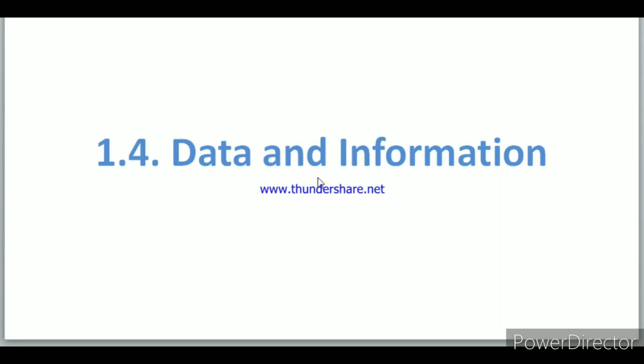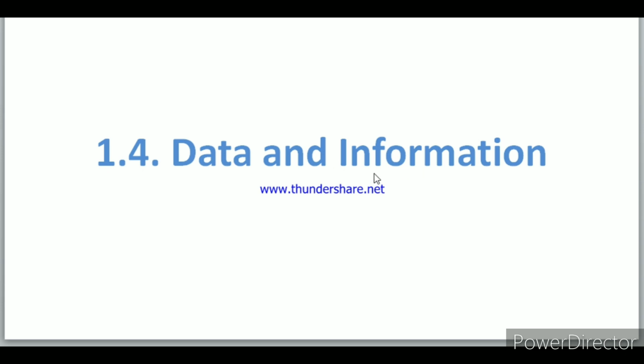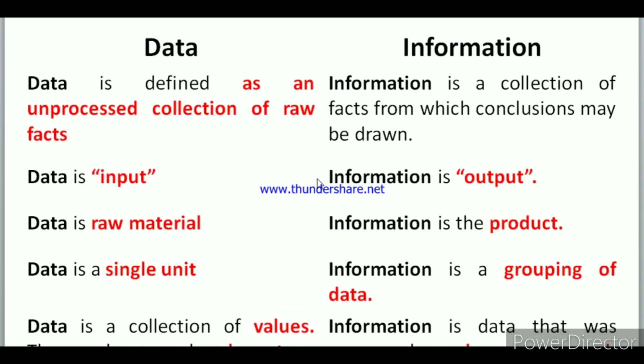We are going to see the topic data and information. The data, we say it as an input form. Raw facts is called data. The information is the collection of facts from which a conclusion may be drawn from the input, that is data.